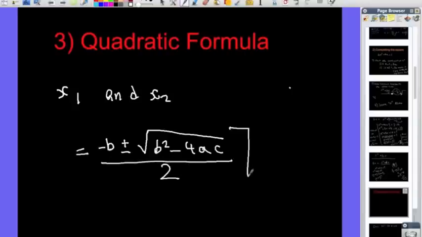So this is the quadratic formula. It's not really hard. All you have to do is determine a, b, and c, which we learned in the beginning, and then substitute them in the formula, which would give you the answer.